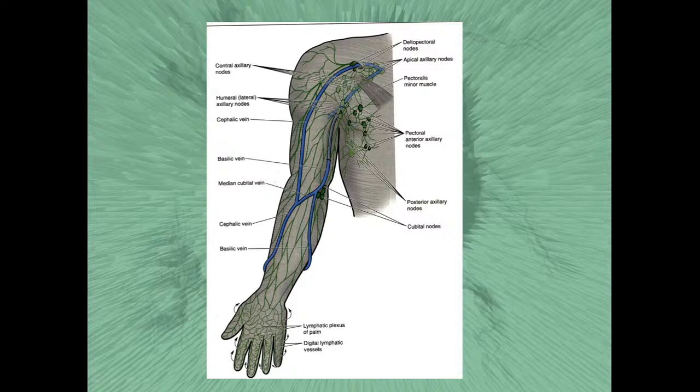Then from these apical axillary lymphatic nodes, lymph drains into the subclavian trunk, and then depending on the side into the right lymphatic duct or into the thoracic duct.